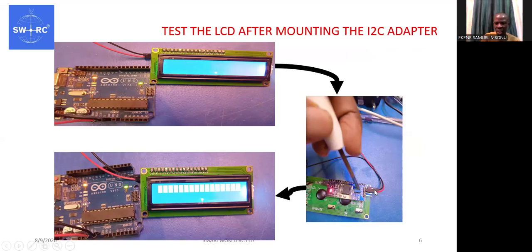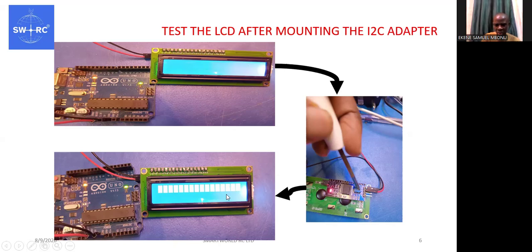After you've taken the continuity, you can now connect the power pins of the I2C. Once you power it up for the first time, the LCD will just light up, but the characters will not be visible. You get to use a small screwdriver and turn the potentiometer here, the voltage divider, the variable resistor.